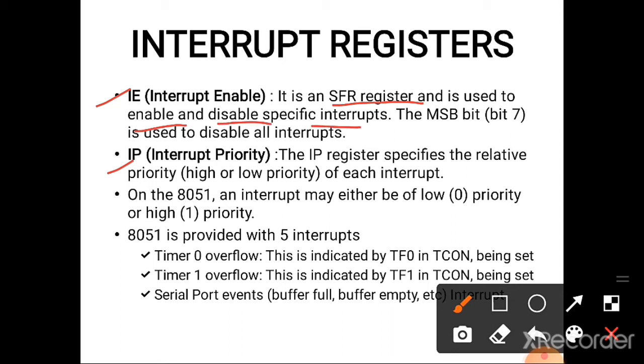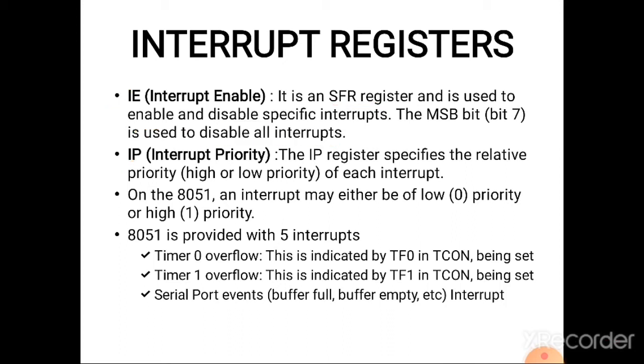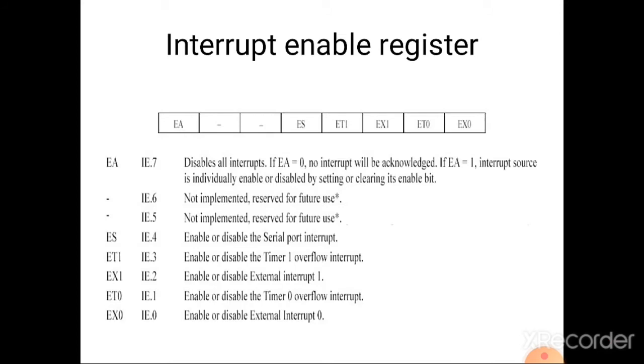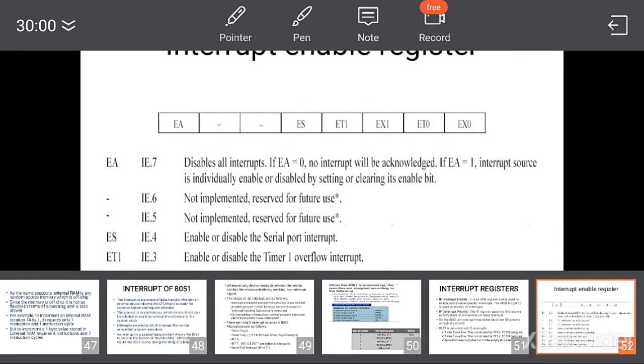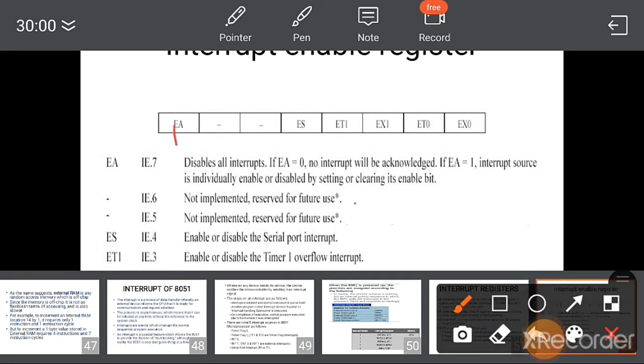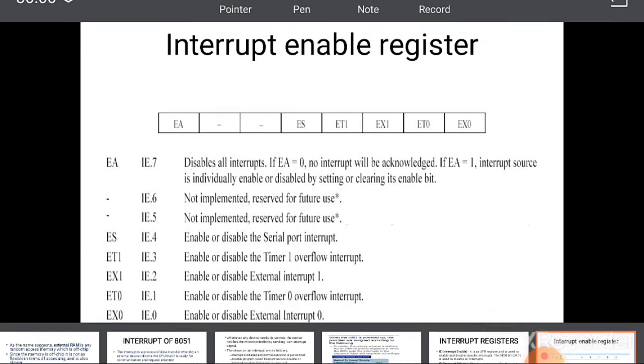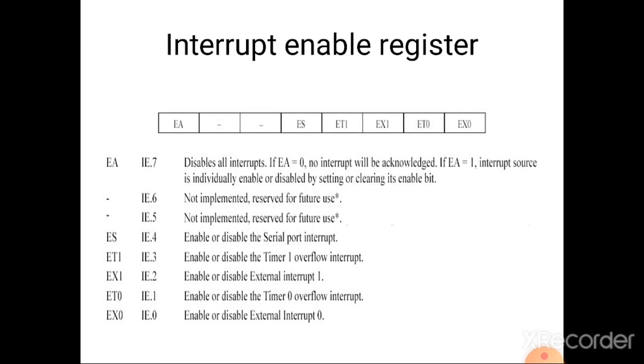The MSB, bit 7, is used to disable all the interrupts. Here this is the interrupt enable register, and the 7th bit is EA. If EA is equal to 0, no interrupt will be acknowledged. That means it disables all the interrupts.